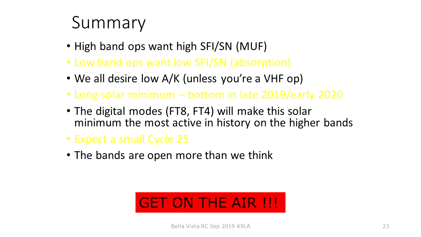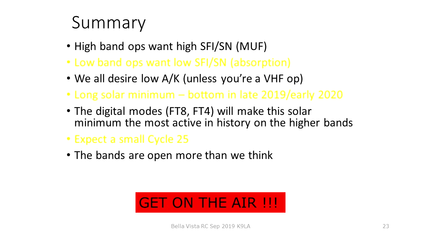And as you move down in frequency to the low bands, they cannot withstand absorption like the higher bands. Now, I think we all desire low A and K indices, unless you're a VHF op. You're hoping for high K indices for aurora contacts.